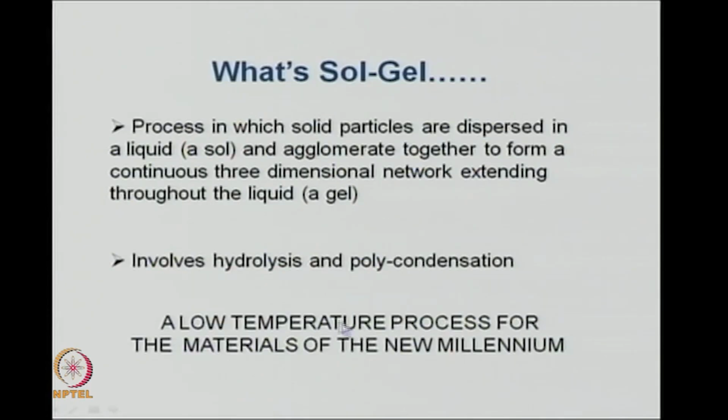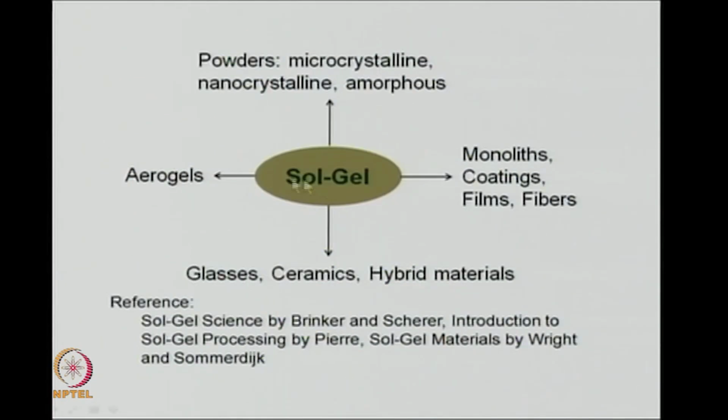This is a low temperature process and many new materials are being synthesized which are called advanced materials for the new millennium by this low temperature route, which is called the sol gel route. Now, from the sol gel method you can get powders which are microcrystalline or nanocrystalline. You can get amorphous powders, that means they do not have any crystallinity, so they lack the long range order which is there in crystalline substances.